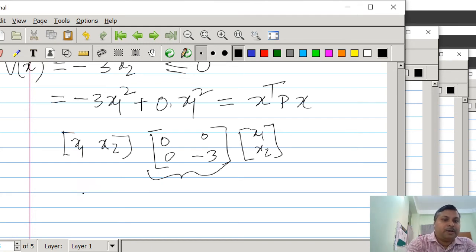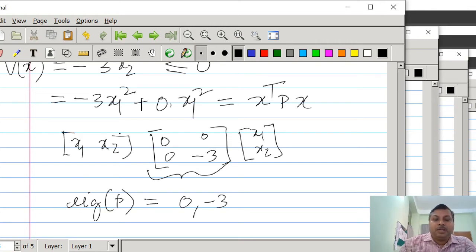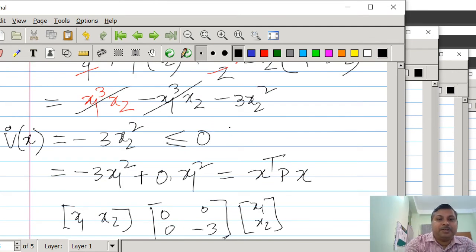Now from here we find that the eigenvalues of P are 0 and minus 3. So one of the eigenvalues is 0 and the other eigenvalue is minus 3. So it is definitely negative semi-definite.